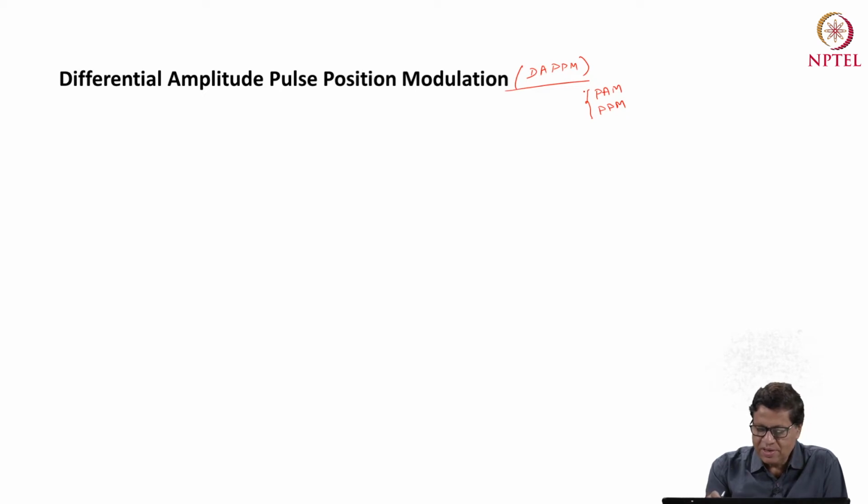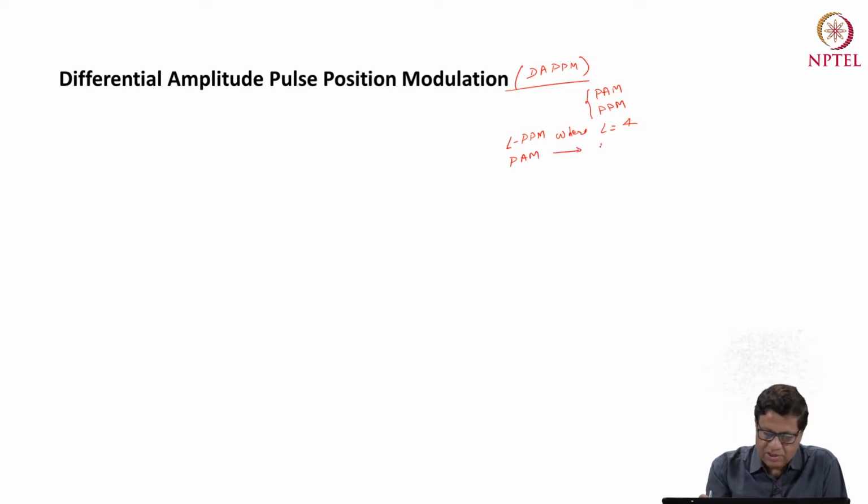Now let us try to understand how a symbol will look like in this. Suppose I take L-PPM, where L is equal to 4, and I take PAM, where I use only one amplitude.